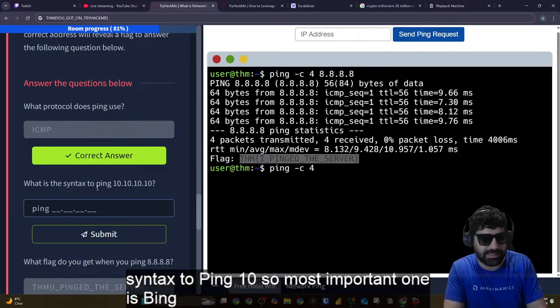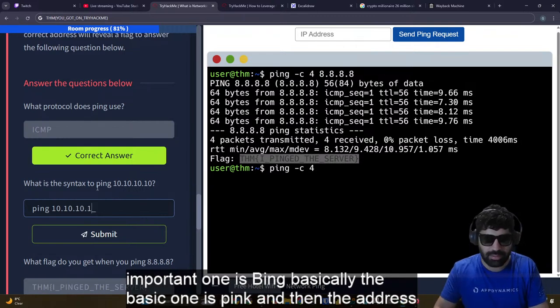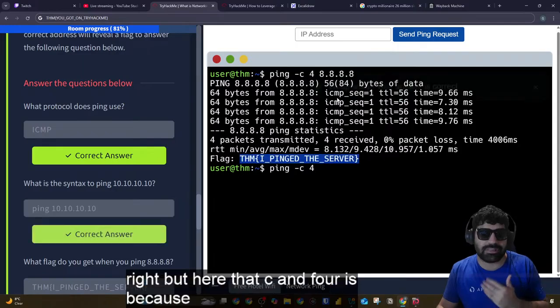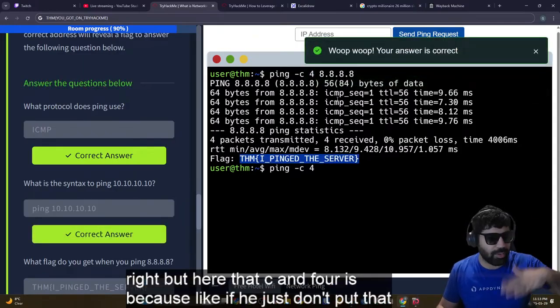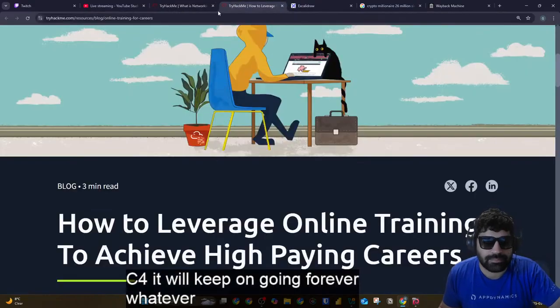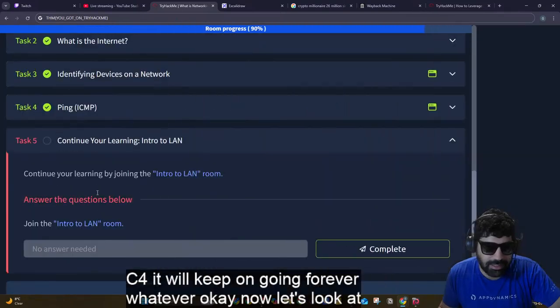Basically the basic one is ping and then the address. But here -c 4 is because if we don't put -c 4, it will keep on going forever.